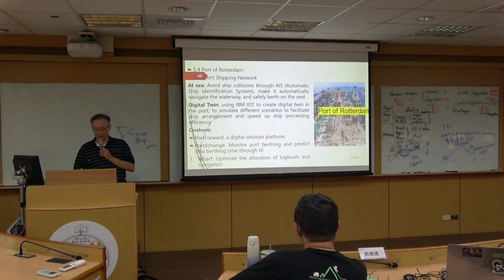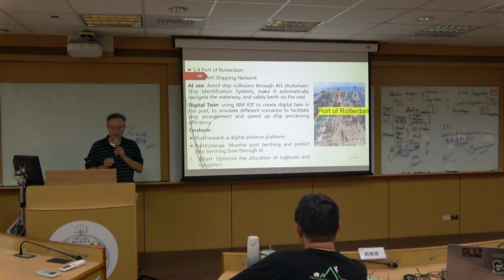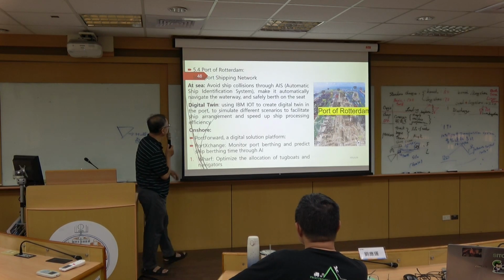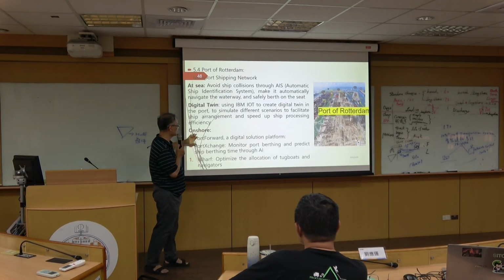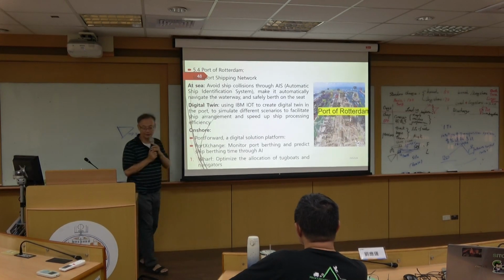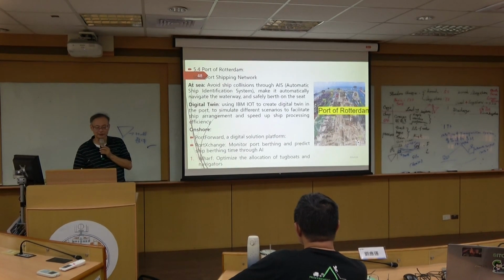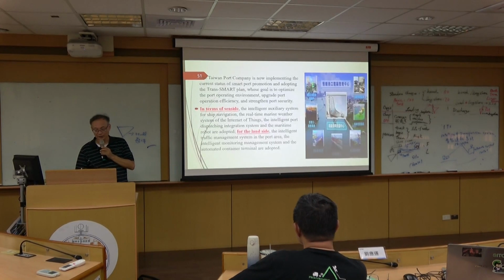Okay, so here's Rotterdam. Rotterdam is also very famous for its digital twin and design, and also the shore. And in Kaohsiung we also have a user digital twin. I can show you. This belongs to TIPC.